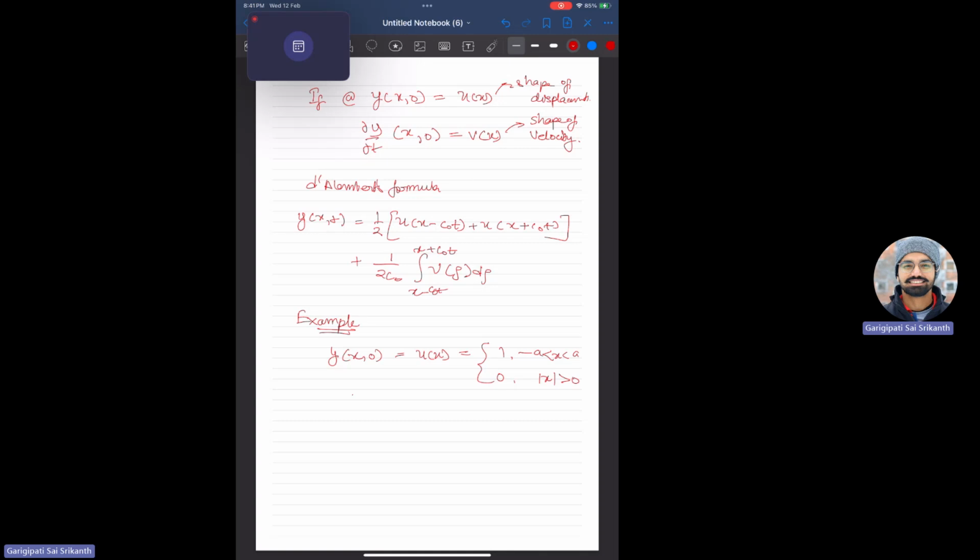And let's take initial velocity to be 0, right? For the simple case. So v of x is 0.